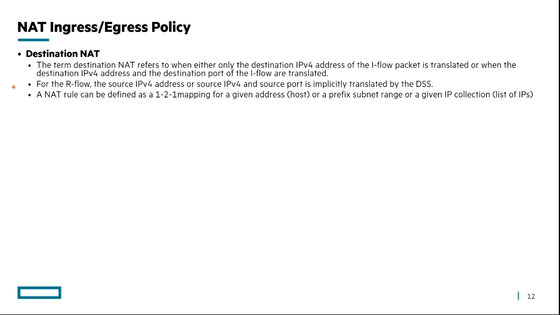A NAT rule can be defined again as a one-to-one mapping for a given IP address, a prefix, subnet, range, or a collection of IPs. And destination NAT can be used with or without the port translation, which is optional.